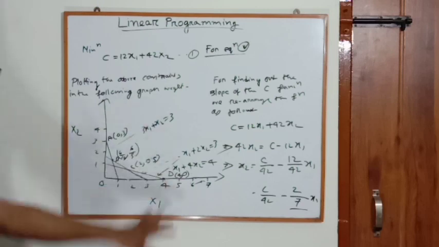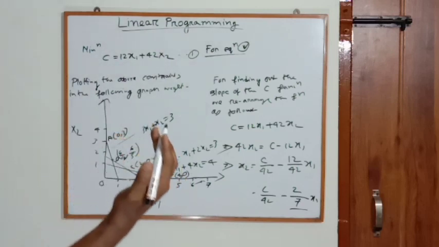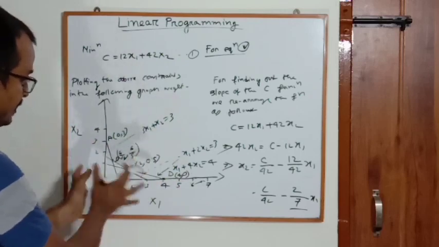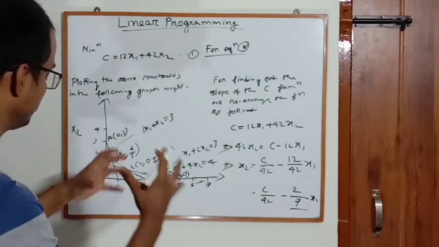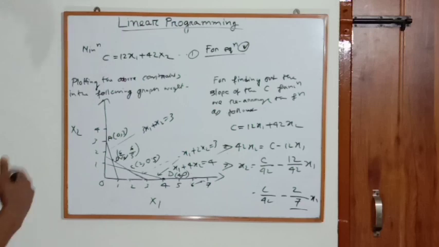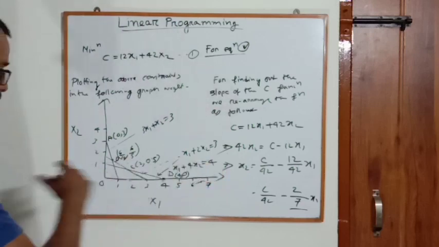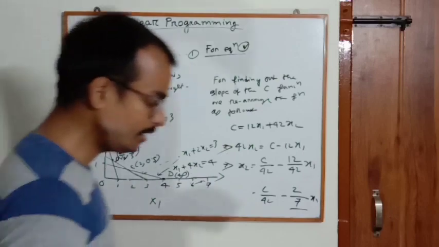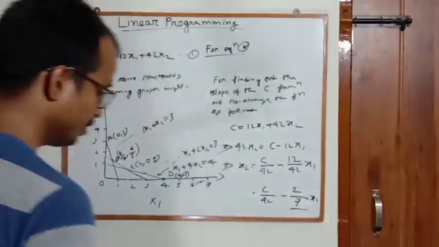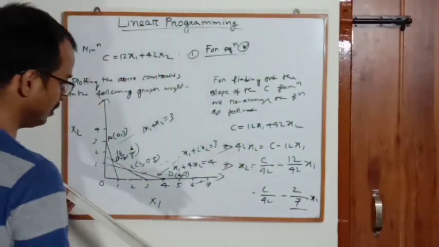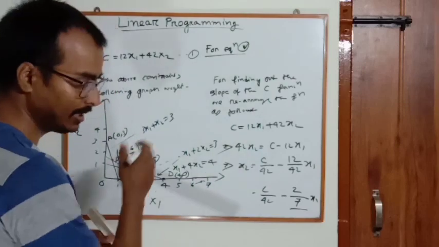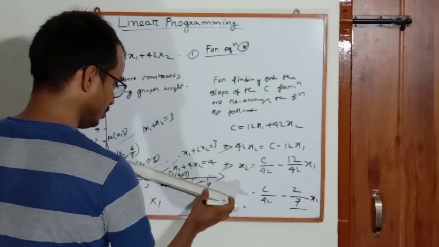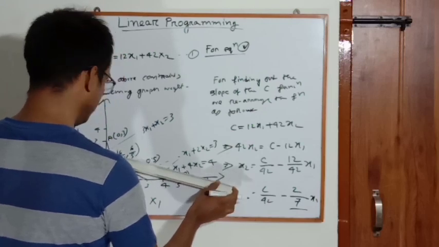It looks very dirty because I am using this marker, so it is very congested. Otherwise, you will be using a pencil, so it will not look like that. So minus 2 by 7.